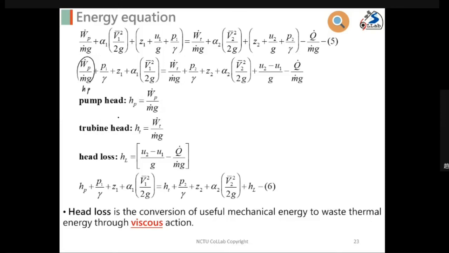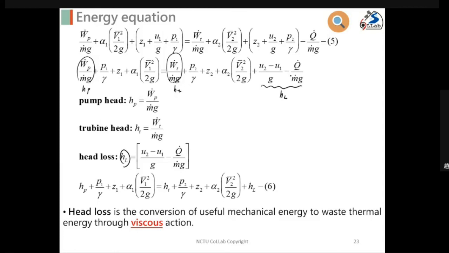If we have equation 5, we define the pump head H_P, this is the H_P, and we define the turbine head, this item is H_T, and we define the head loss H_L here as equal to this item.